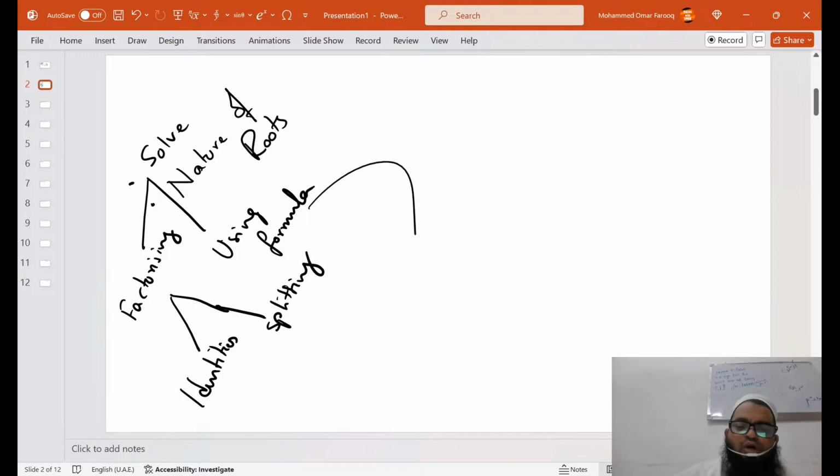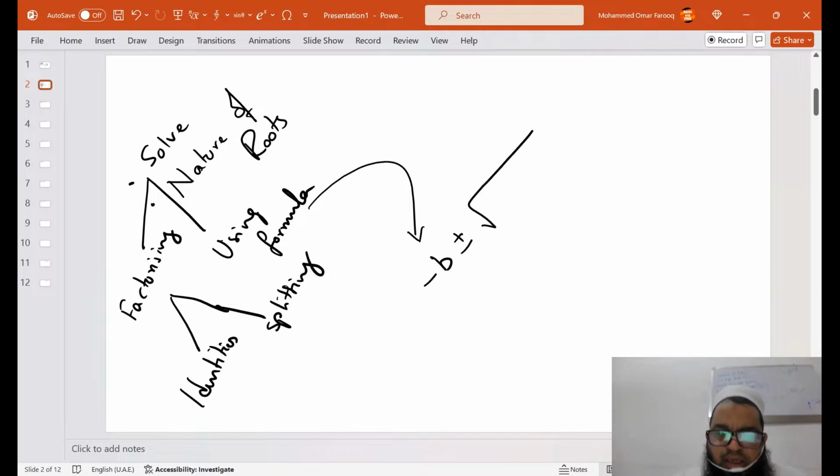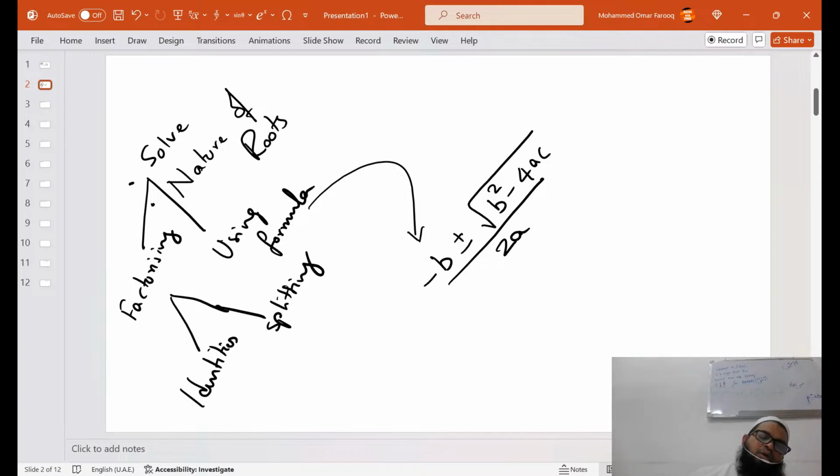And the formula, this is very important. The formula is minus b plus or minus square root of b square minus 4ac divided by 2a. This is the formula to solve the equations.